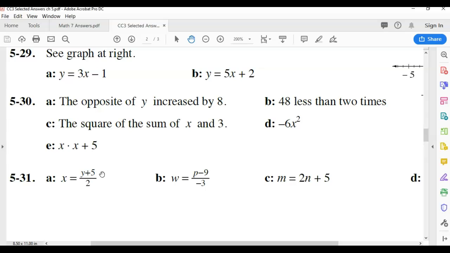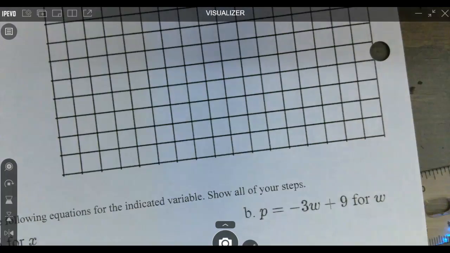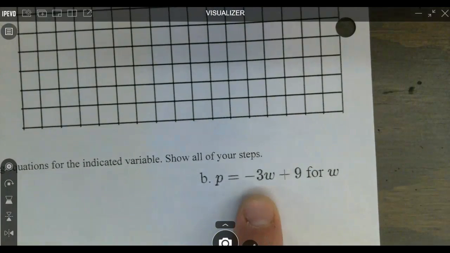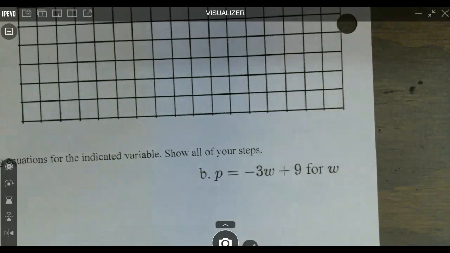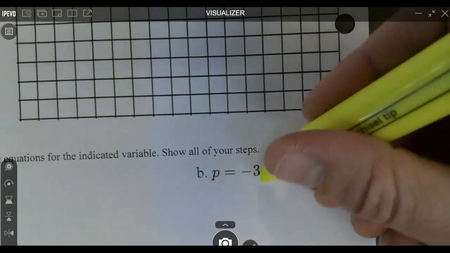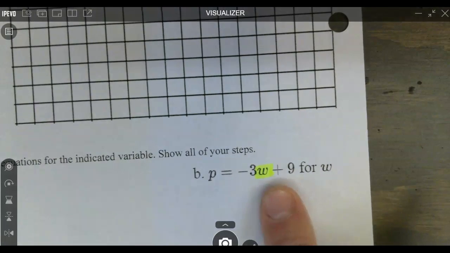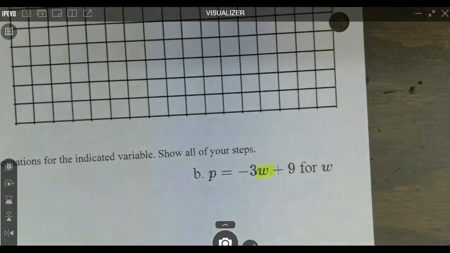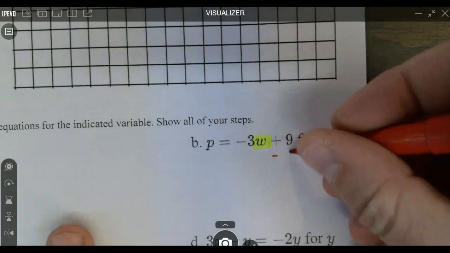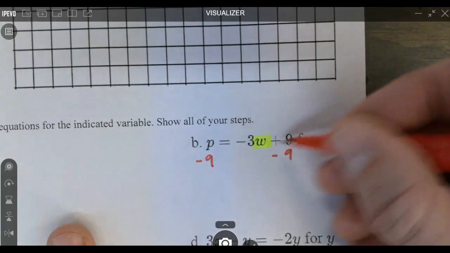Yes. I did not understand B for number 31. B, like this one. So, in that one, to isolate our W, we have the negative 3 multiplied by it and the 9 added with it. So, if we know we want to get rid of everything with the W, but keep just one W, now there's a bunch of different ways to do this. But the most straightforward way would be to subtract 9 from both sides to get rid of that plus 9.